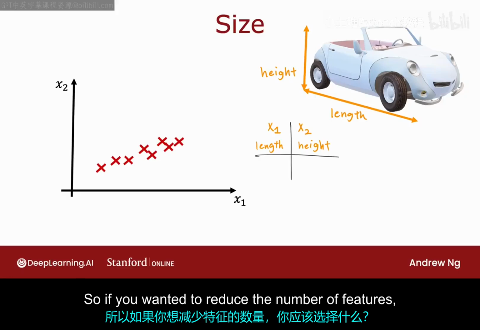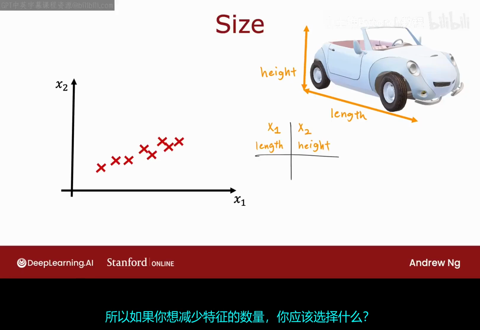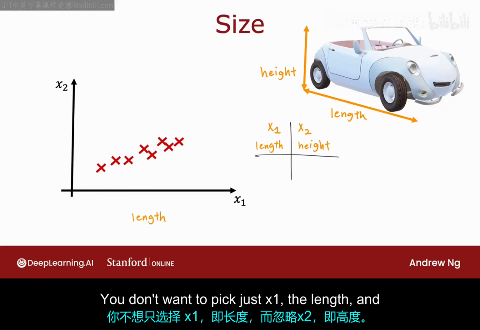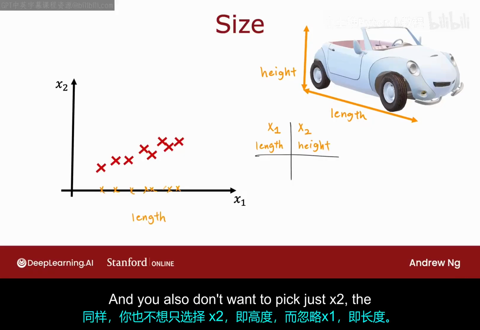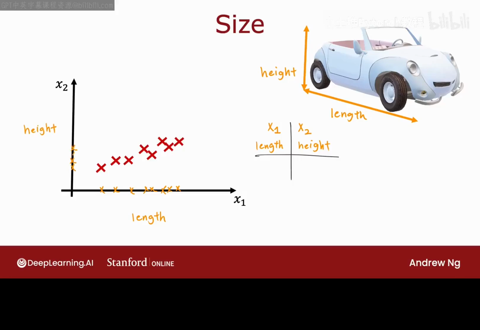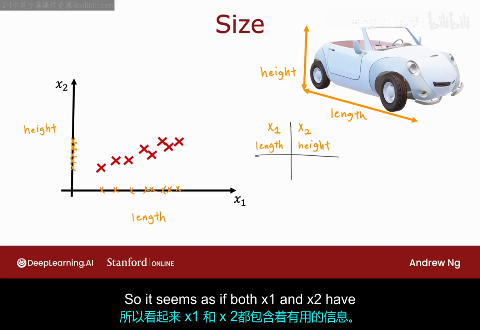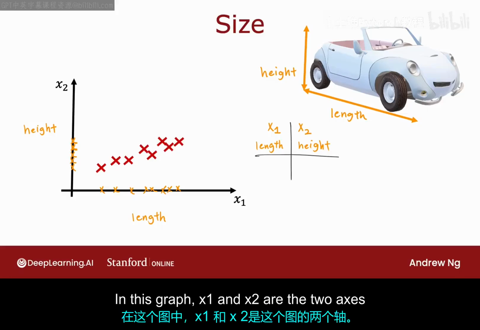So if you wanted to reduce the number of features, what should you pick? You don't want to pick just x1, the length, and ignore x2, the height. And you also don't want to pick just x2, the height, and ignore x1, the length. So it seems as if both x1 and x2 have useful information. In this graph, x1 and x2 are the 2 axes of this plot.